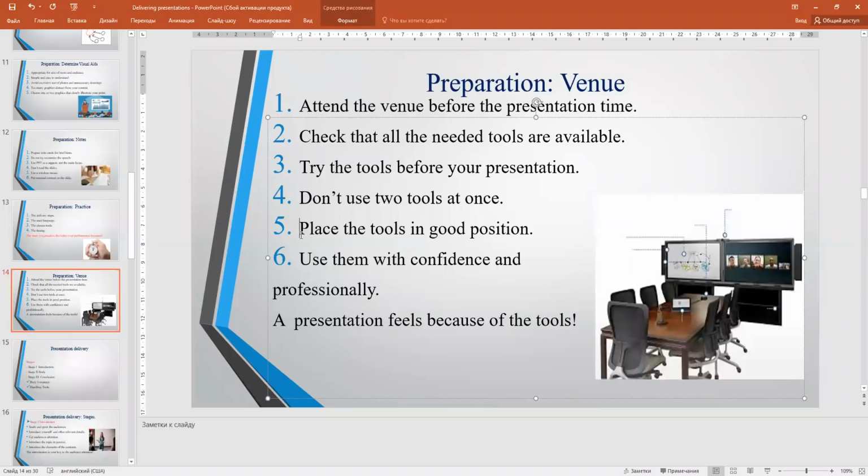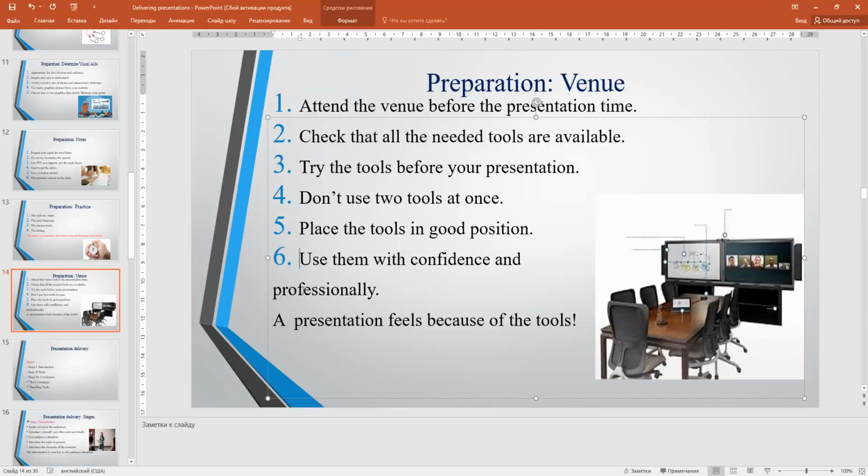You should just use a tool at the appropriate time and use it with confidence and professionalism. Professionalism means that while using them, you should have confidence and be professional.